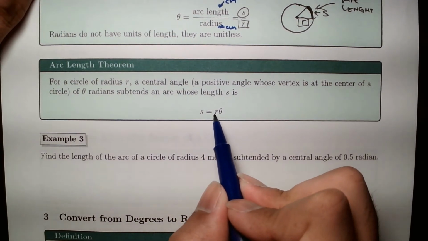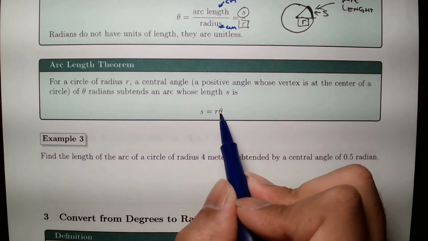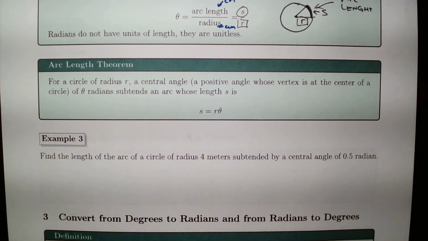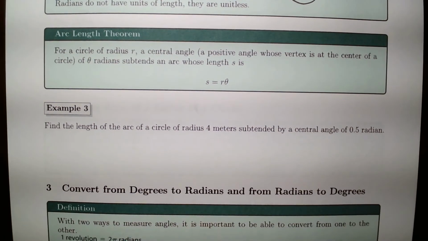All we do is multiply the radius times the angle, but this has to be in radians. Well, let's look at one example.